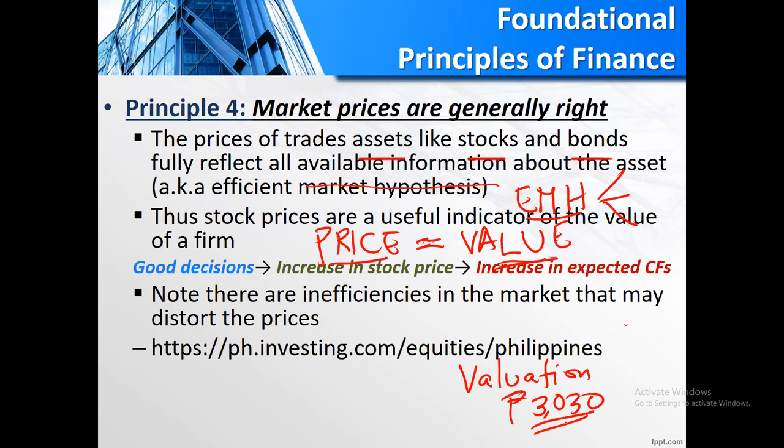So based on the computation, we determined that the value of Globe is 30.30. Now in the stock market, we notice that it's selling at 30.20. Then what does that say about the price of Globe? We're saying that Globe is undervalued, because the value of Globe is really 30.30, but the price is 30.20.